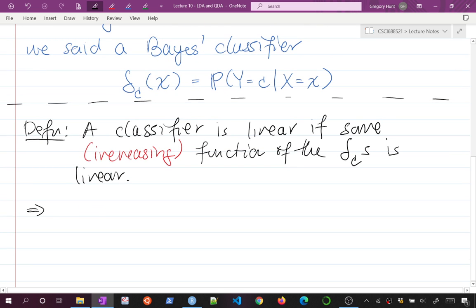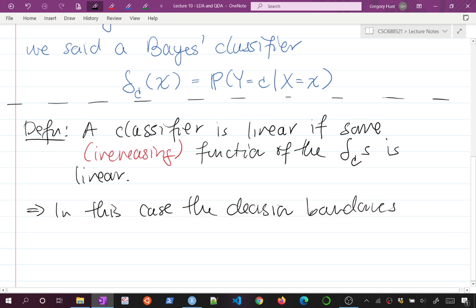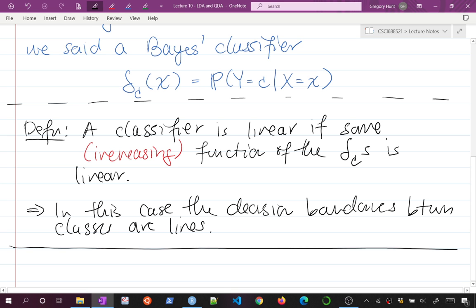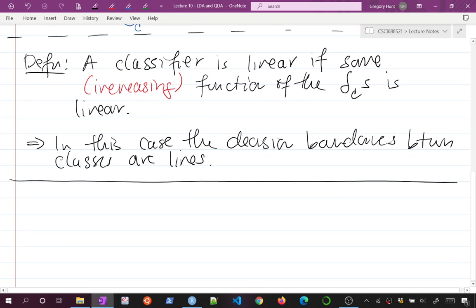We could even say that in this case, the decision boundaries between classes are lines, or are linear. So the idea with a linear classifier is that the decision boundaries are going to be piecewise linear. As long as either the discriminant functions, or a monotonic transformation of them, are linear, that's going to give us a linear classifier.